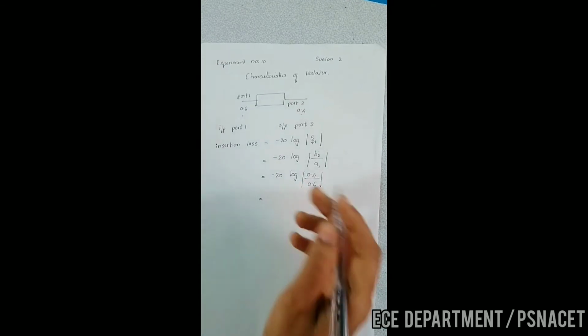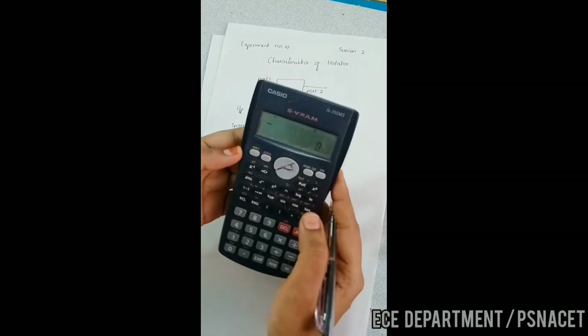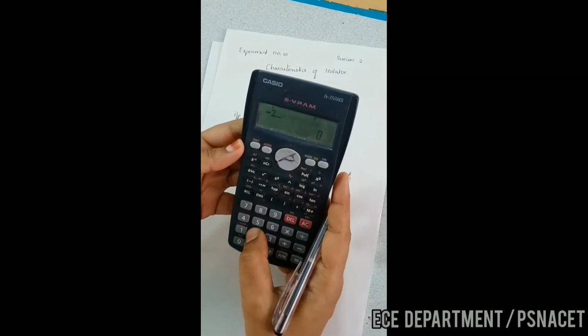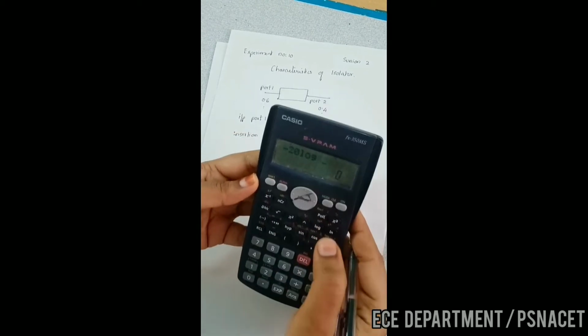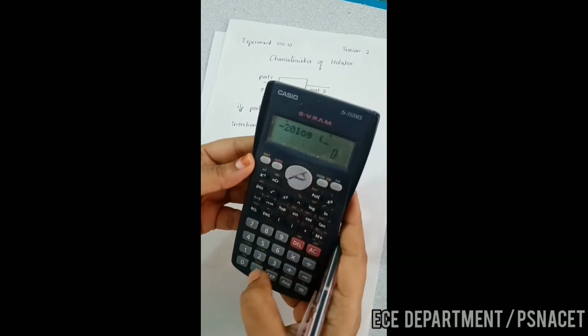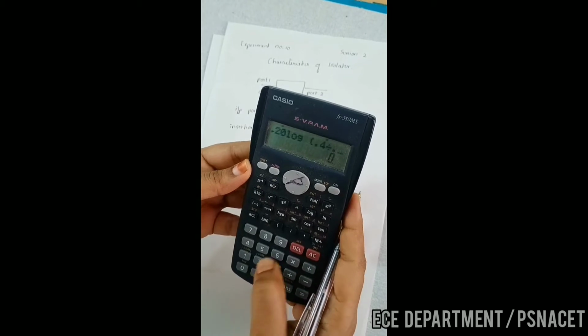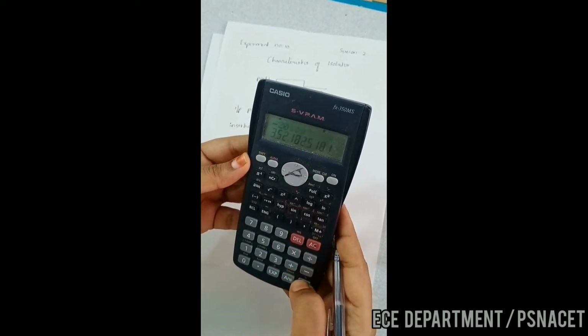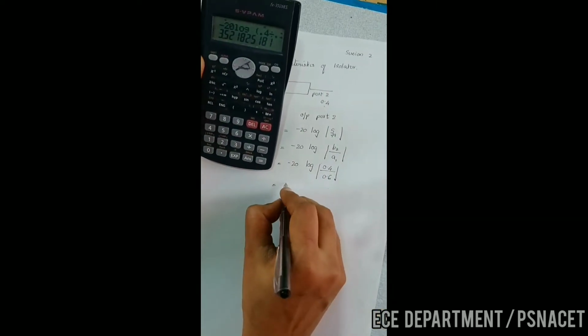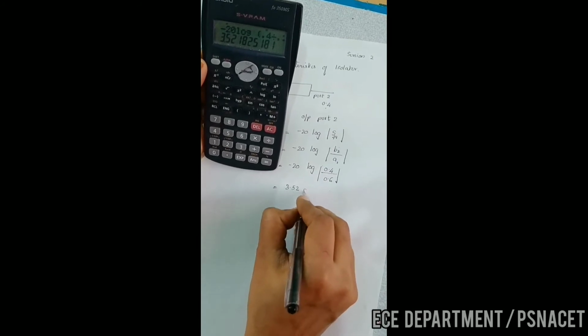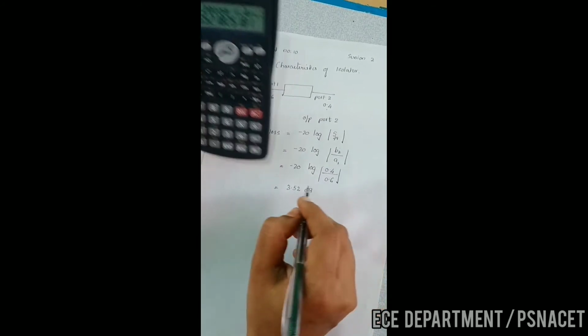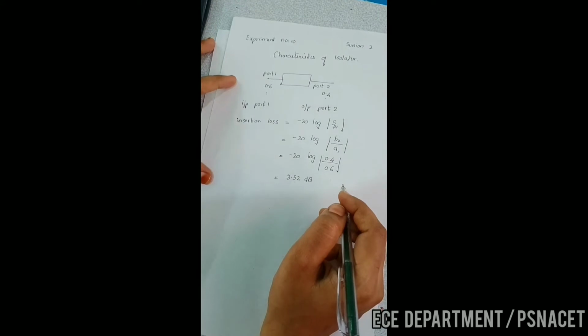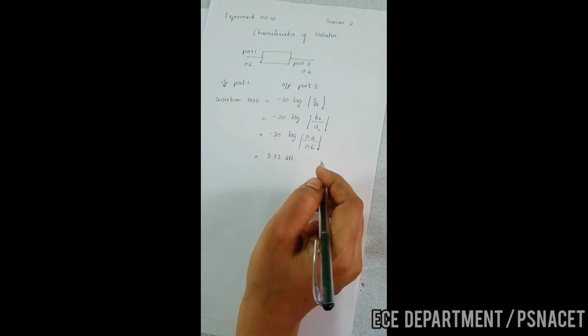We will put the value in the calculator. Minus 20 log 0.4 divided by 0.6 is equal to 3.52 dB. Now we got the value of the insertion loss as 3.52.